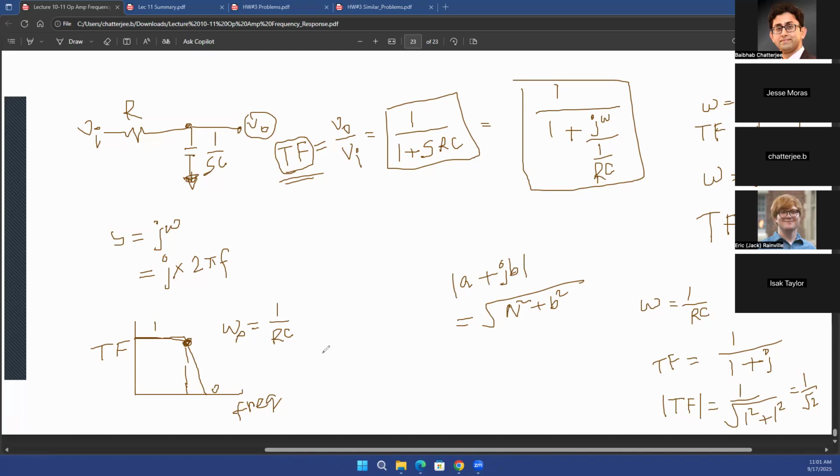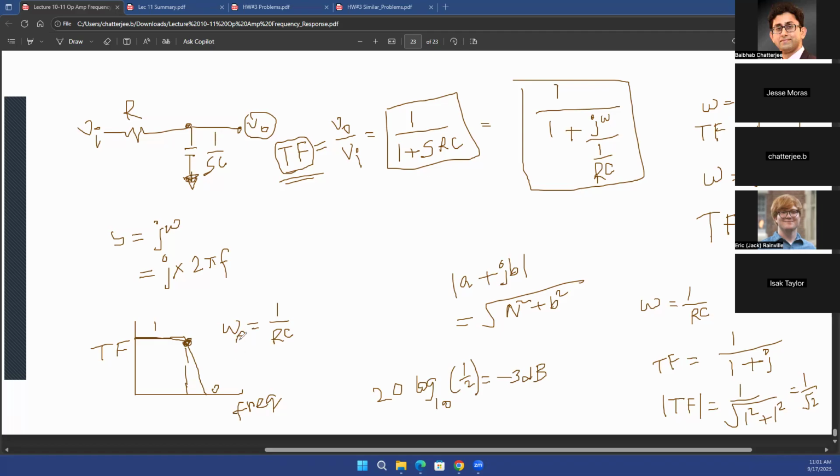We already learned the definition of decibels. So 20 times log to the base 10 of half is equal to minus 3 dB, and that is the reason why this is also called the minus 3 dB bandwidth of the system. So minus 3 dB bandwidth and half power bandwidth are all the same thing.